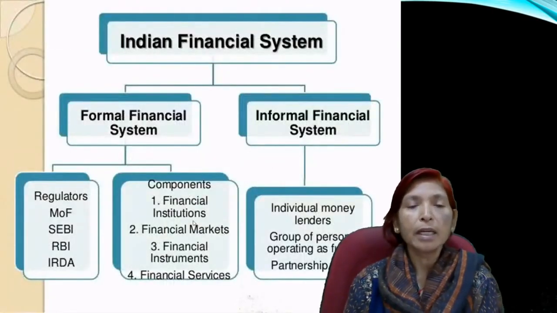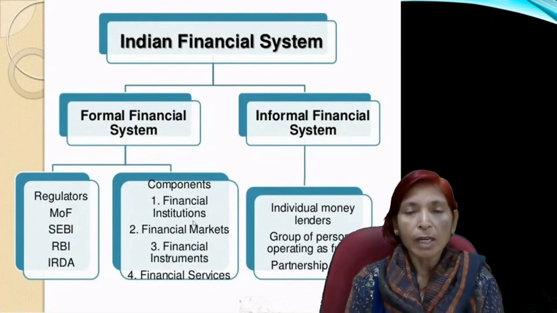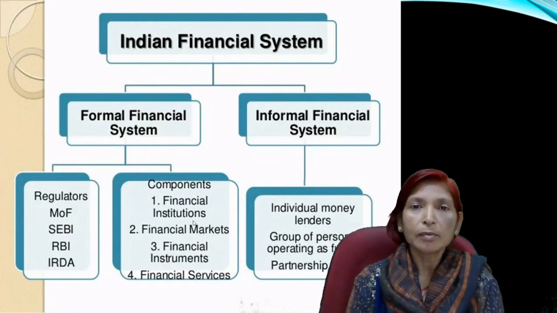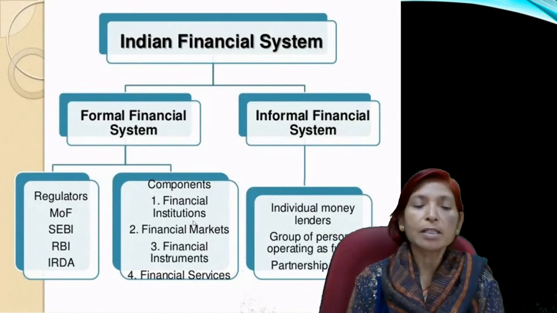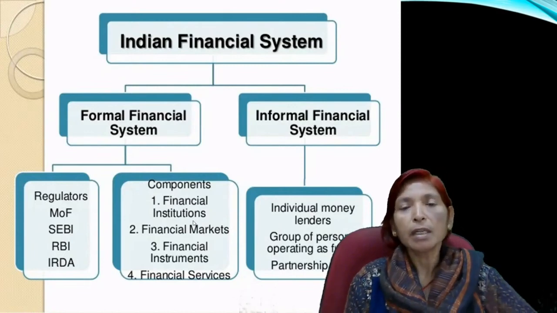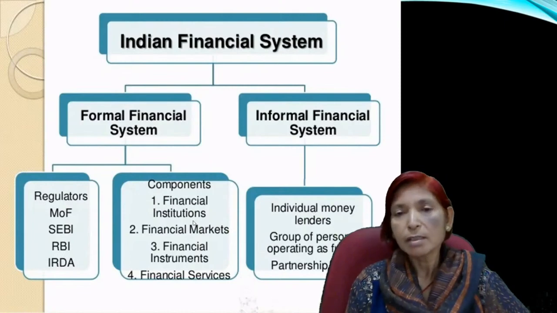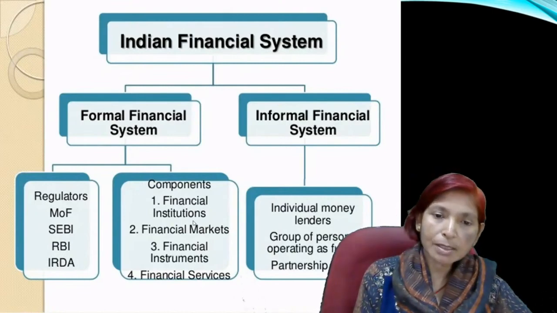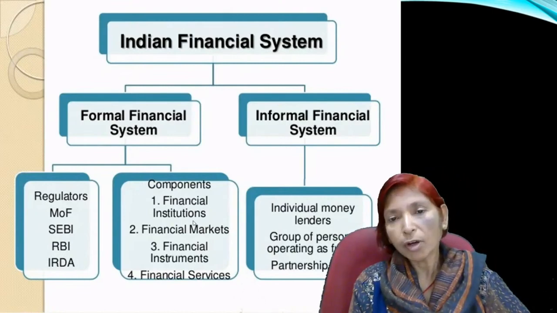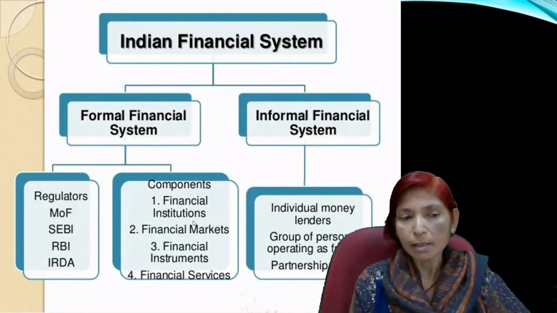Now next is Indian financial system. Indian financial system may be formal financial system, or it may be informal financial system. So Indian financial system can be classified into two parts. One is formal financial system, other is informal financial system.